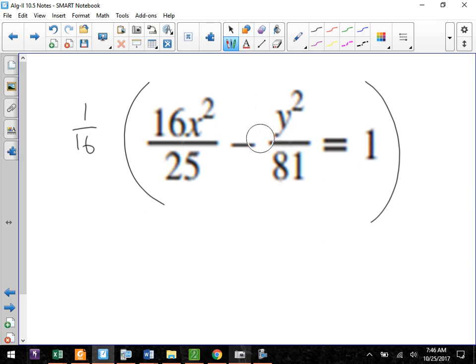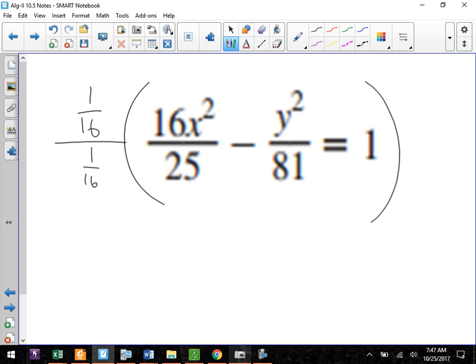Because what happens then is that you multiply it by a factor of 1. Now, when you multiply something by a factor of 1, it's basically that. Because what's 1/16 divided by a 16th? 1. So what happens here is that you distribute through.